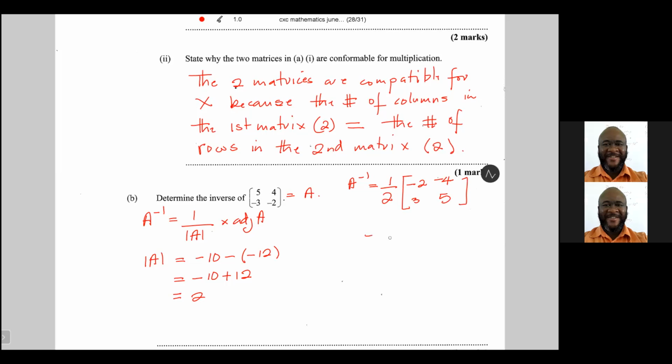And so A inverse: I'm going to multiply all the elements by a half. So this is minus 1, minus 2, 3 over 2, and 5 over 2. This is my matrix inverse. Multiplying by a half is the same as saying divide by 2.